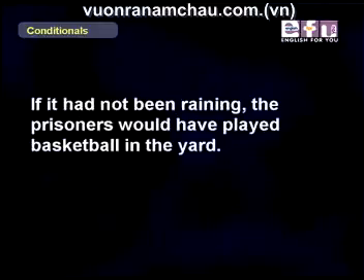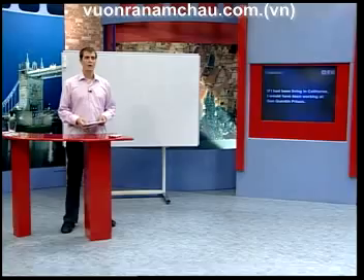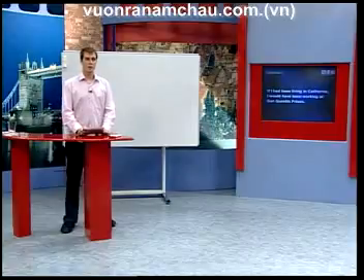If it had not been raining, the prisoners would have played basketball in the yard. If I had been living in California, I would have been working at San Quentin prison. Well, in conditional sentences, progressive verb forms are used in progressive situations.